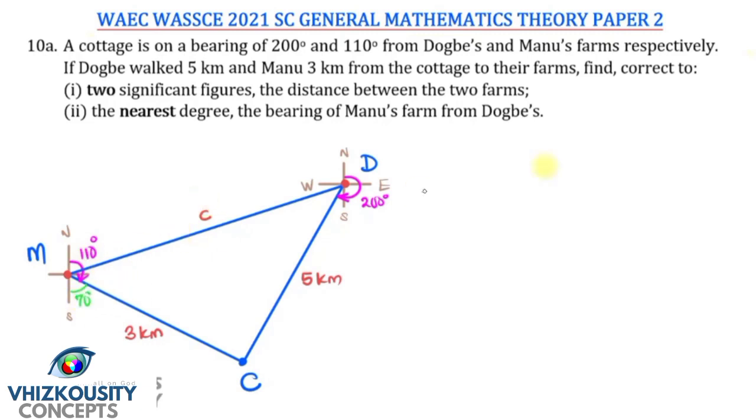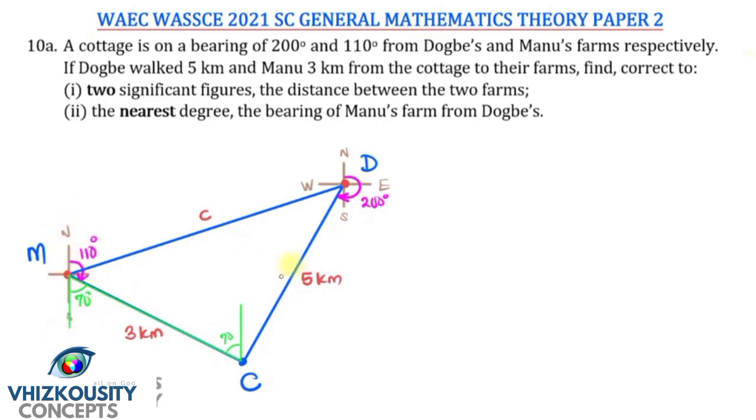But we are not stopping there, because from this particular point M to point C, we can take this angle and bring it down to C. The angle here that we are looking at is also 70 degrees, because it is alternate to this 70 that we got by deducting 110 from 180.